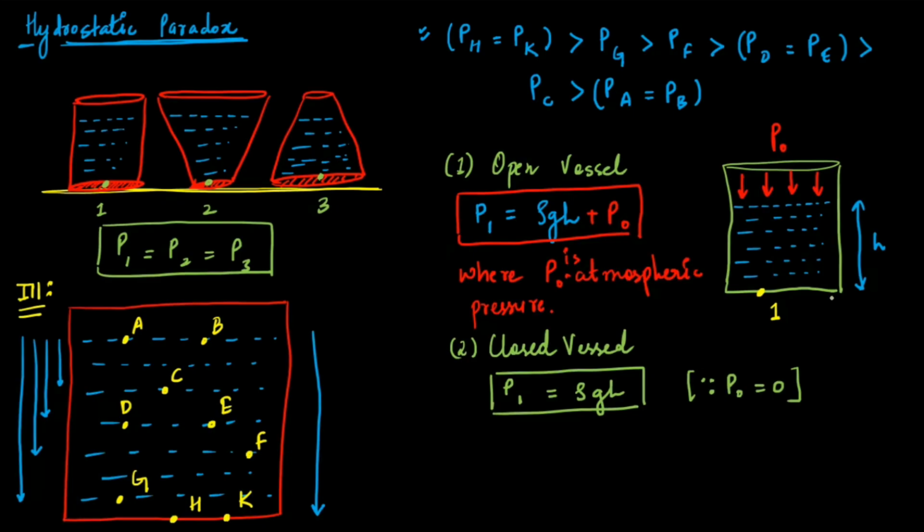Clear? Yes, sir. Let's do a simple small problem. So the question says that the density of atmosphere at sea level is given to us, which is 1.29 kilogram per meter cube.